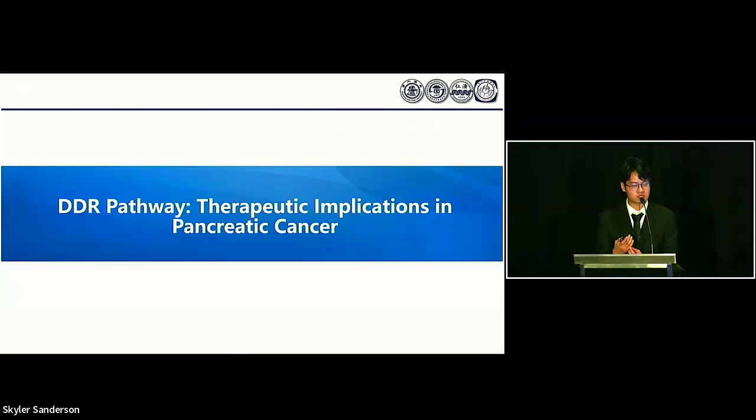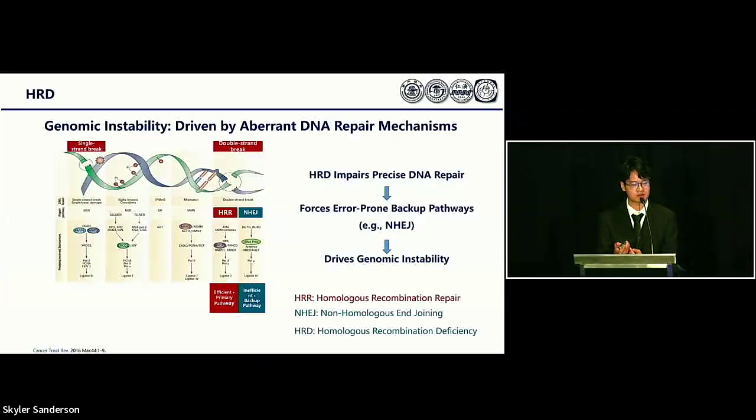And finally, I want to talk about the therapeutic implications of the DDR pathway in pancreatic cancer. As we all know, genomic instability is often driven by aberrant DNA repair mechanisms. Once HRD impairs precise DNA repair, genomic instability is driven, and it is also correlated with treatment benefit.